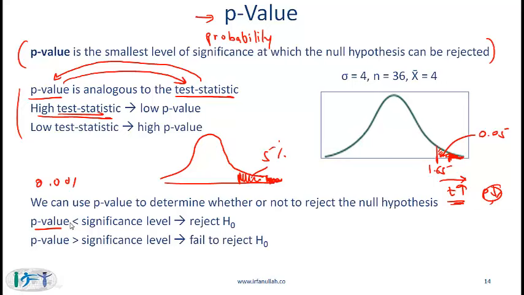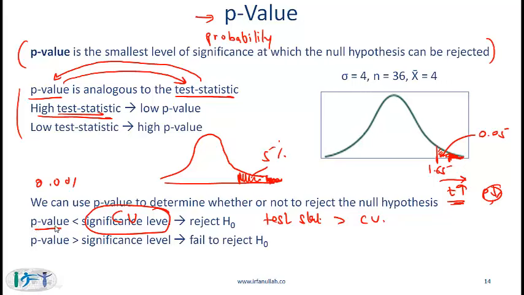That is analogous to saying that your test statistic is greater than the critical value, because the significance level is essentially your critical value. So there is a one-to-one relationship between the significance level and the critical value, and there is a one-to-one relationship between the p-value and the test statistic.